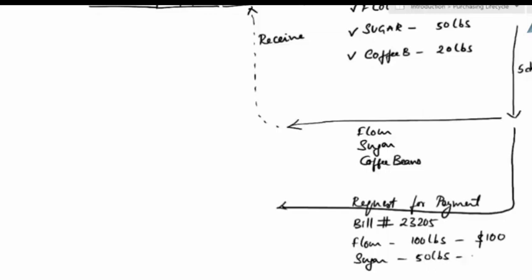And sugar is 50 pounds, and 1 pound costs say $2, so that's $100. And coffee beans is 20 pounds, and each pound say costs $4. It's going to be 80.